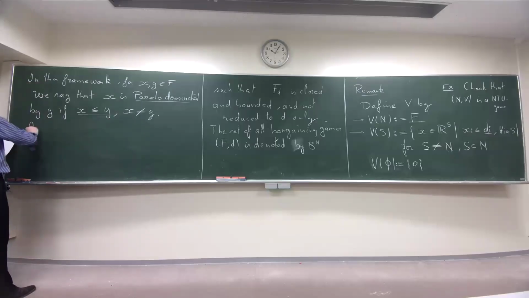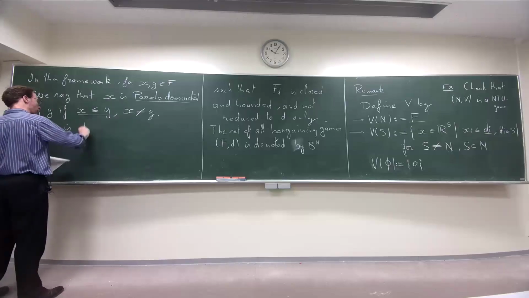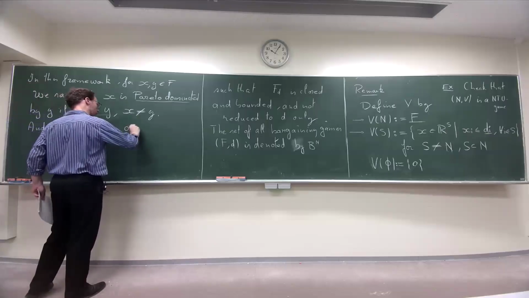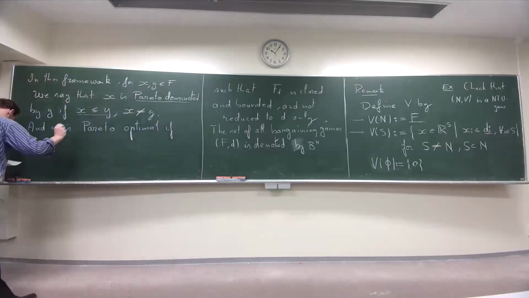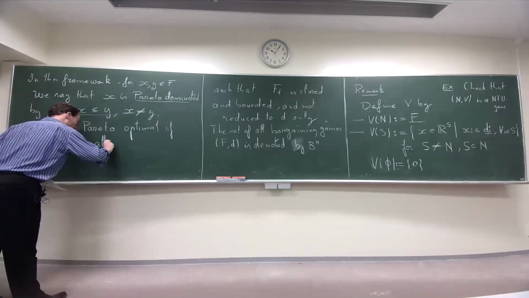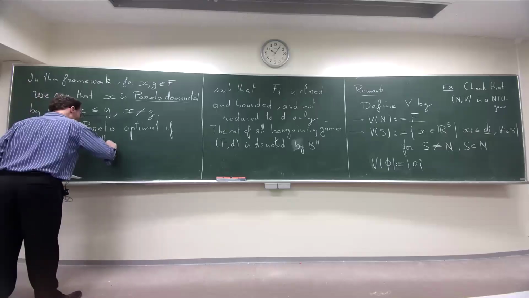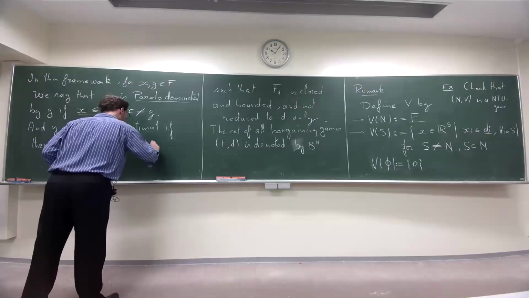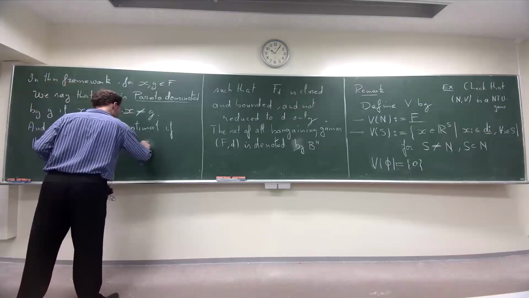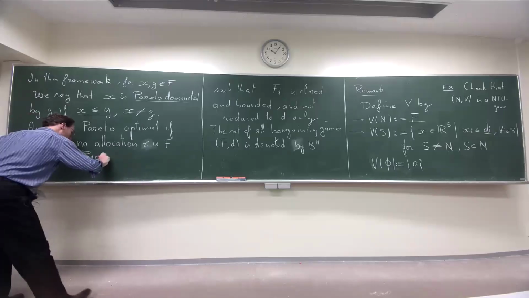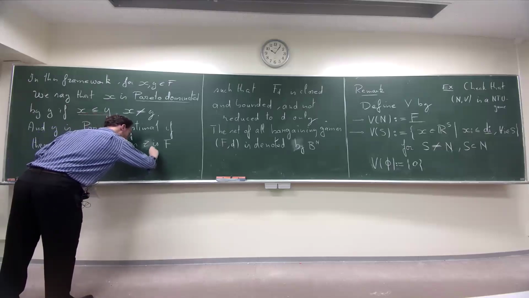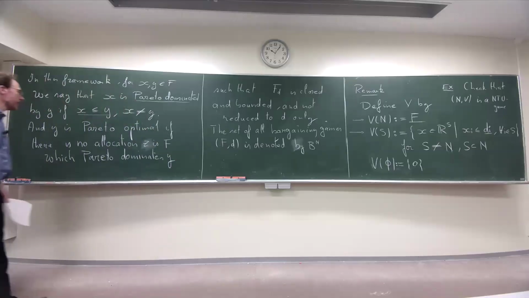And y is, this is probably more important, Pareto optimal if there is no allocation, remember, an allocation is just a point, I will call it z in F, which Pareto dominates y.